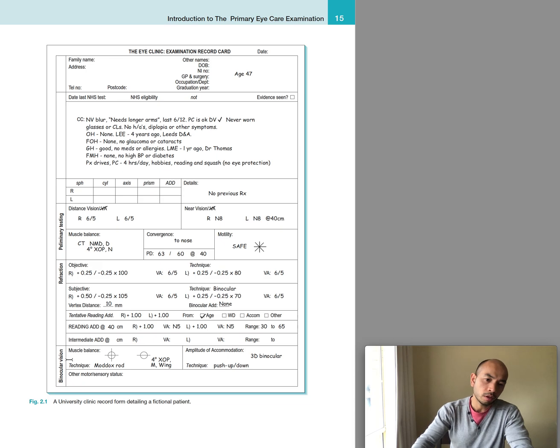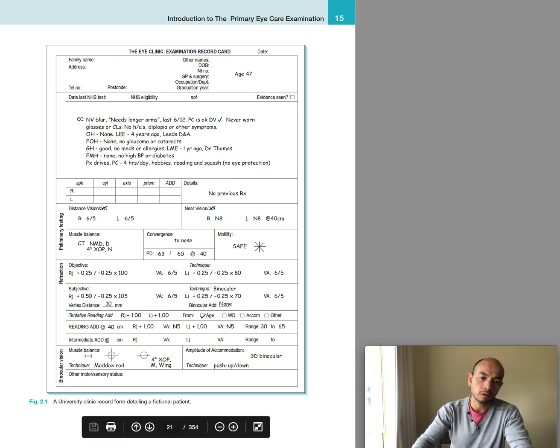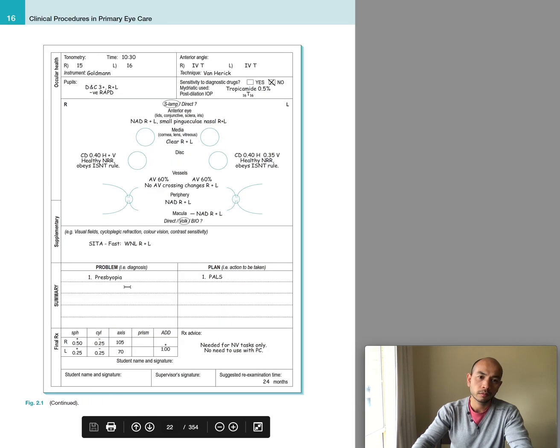Then you check the binocular vision, so muscle balance. Then you have an ocular health section, in which you check the eye pressure, your pupils, the anterior angles using the Van Herick method. Then using the slit lamp to check the anterior surface of the eye.